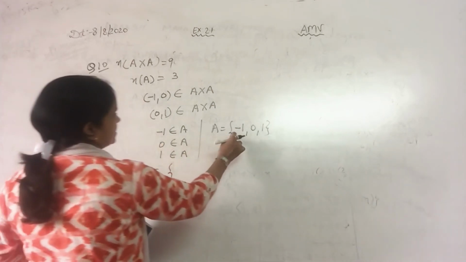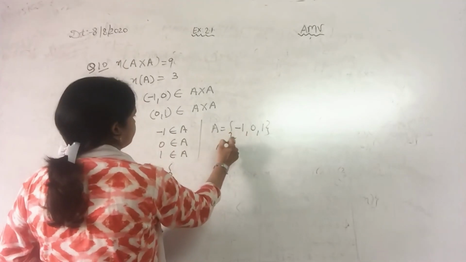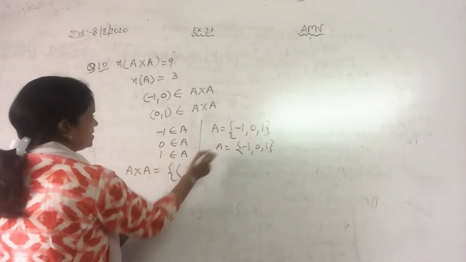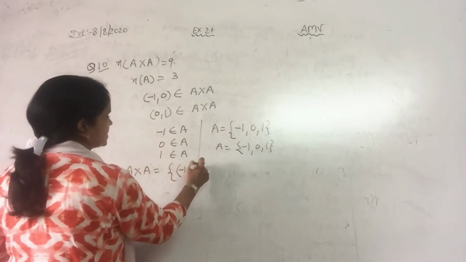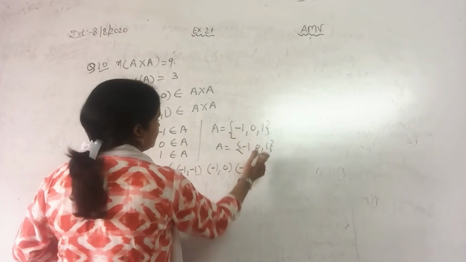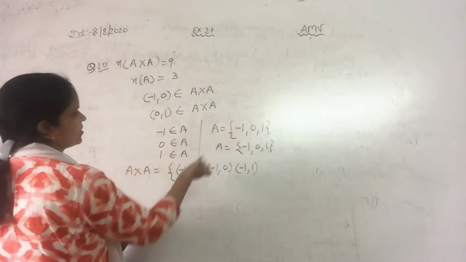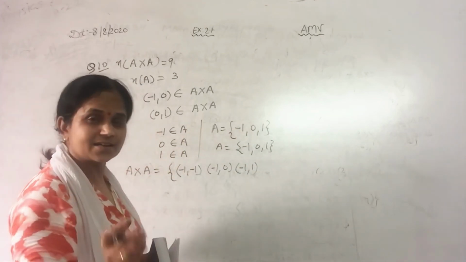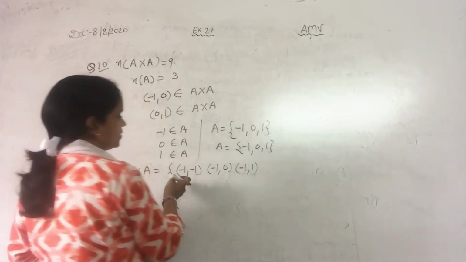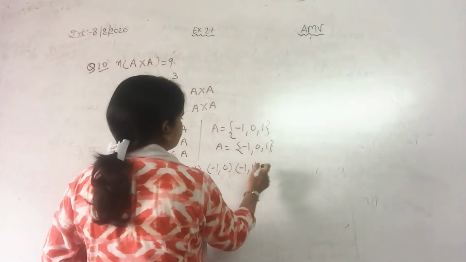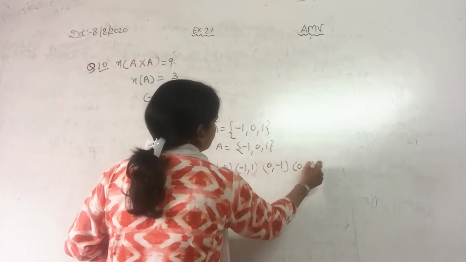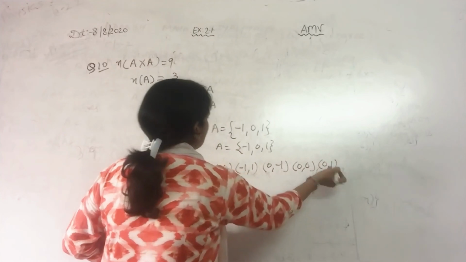So start from this. You can write one more time. It would be easy. So (-1, -1), (-1, 0), (-1, 1). You can write all elements first, and in the answer write only the 7 elements since 2 are given. Okay, and next is (0, -1), (0, 0), (0, 1).